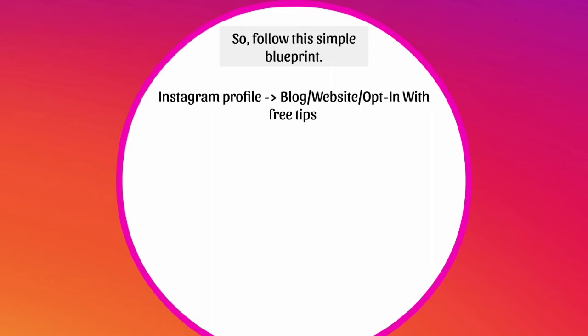You can use an opt-in with free tips or a squeeze page to build your list first. Because what I found is that a lot of times it takes 7 to 12 times to actually touch the person, get to know them before they actually buy. So what I mean by touch points is emails. So it could be 7 to 12 different emails after they sign up for a freebie.